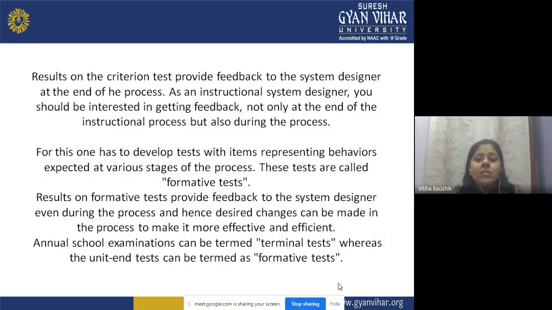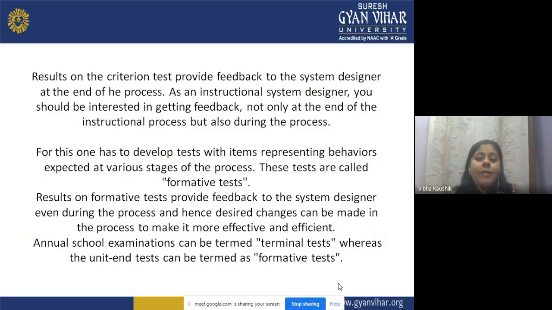As an instructional system designer, you should be interested in getting feedback. Now, what is that? I should be interested in what type of feedback I will get after the results, whether the student is able to achieve the objectives, or whether I as a teacher have not been successful in achieving my objectives, not only at the end of the instructional process but also during the process.